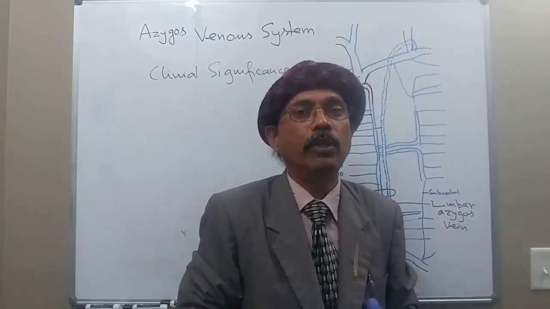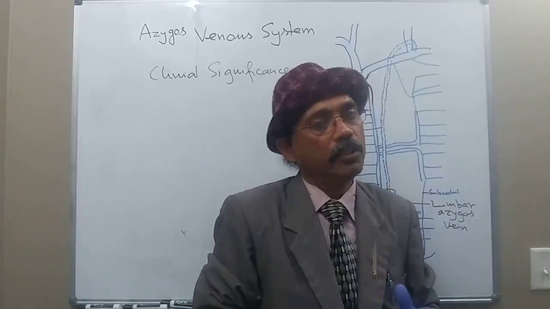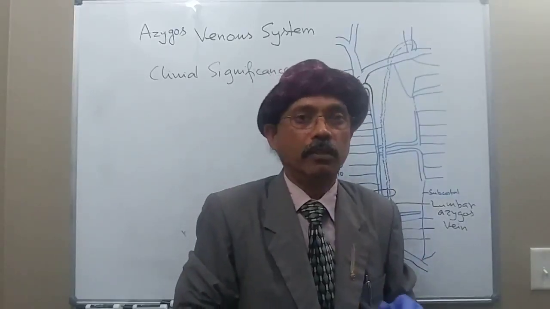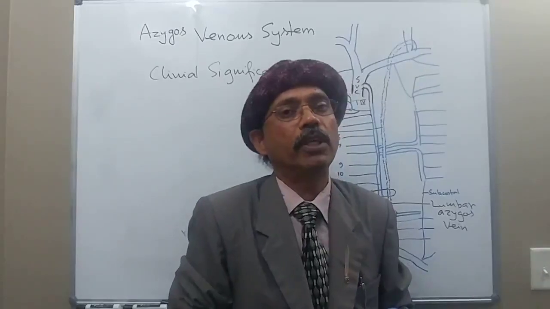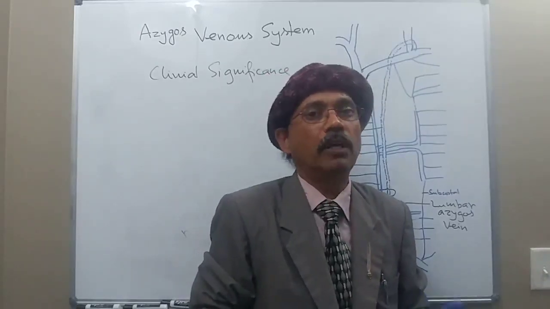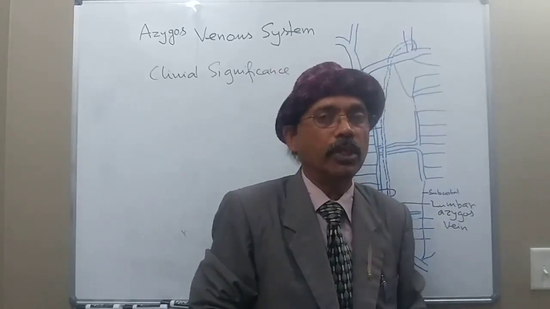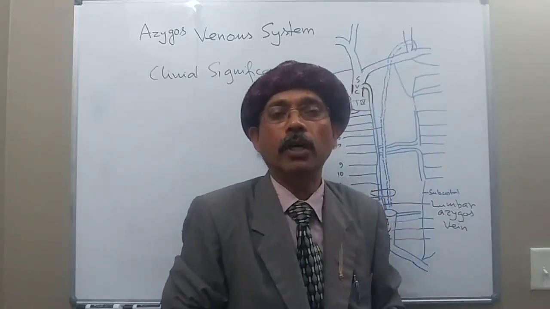The venous blood will return to the heart due to the presence of the azygos vein. If there is any obstruction in the inferior vena cava, then blood will divert to the superior vena cava and go to the heart.